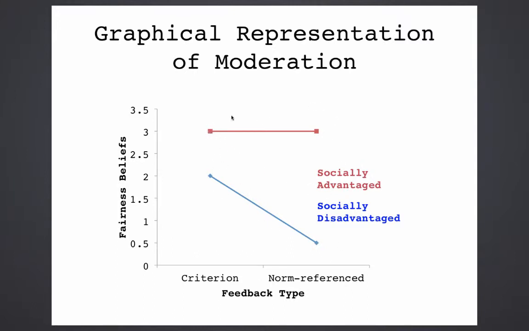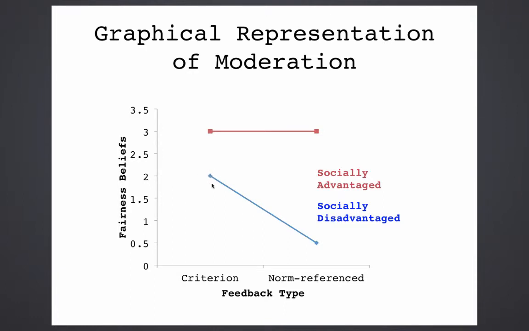So there are 4 groups that existed in this study. The first group was criterion referenced feedback, this dot right here, socially advantaged. The second group was norm referenced feedback, socially advantaged. Then the third group was criterion referenced feedback, socially disadvantaged.